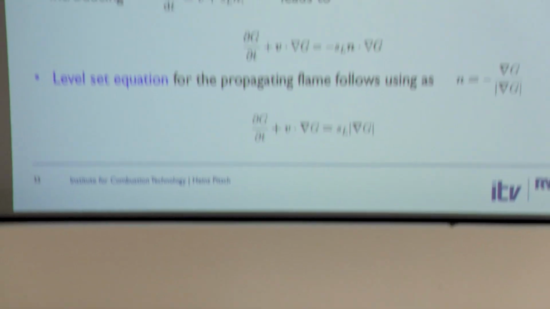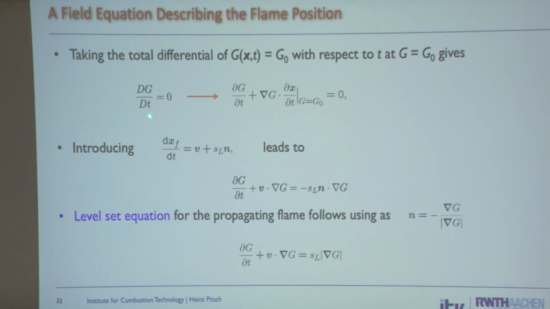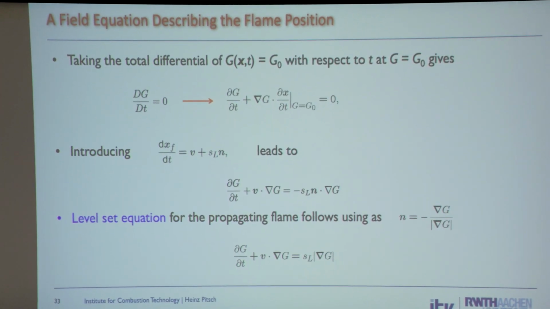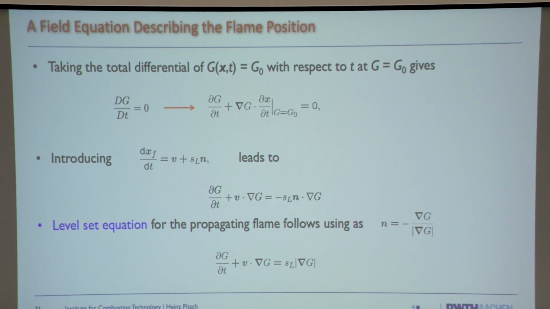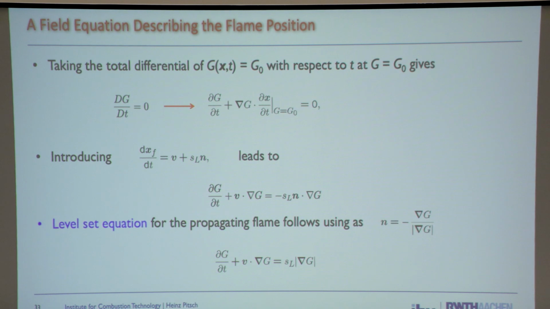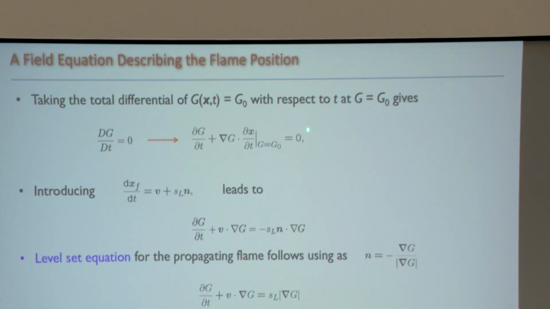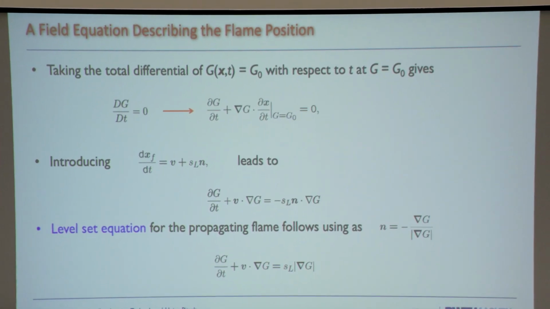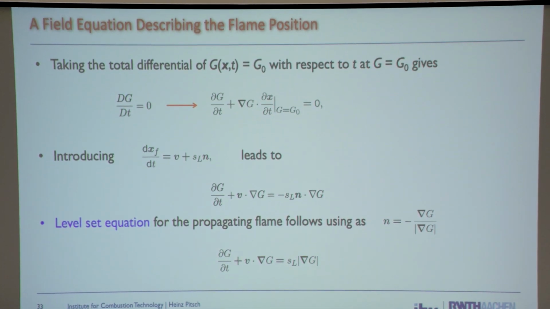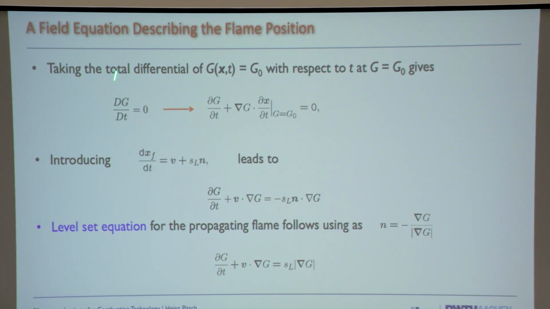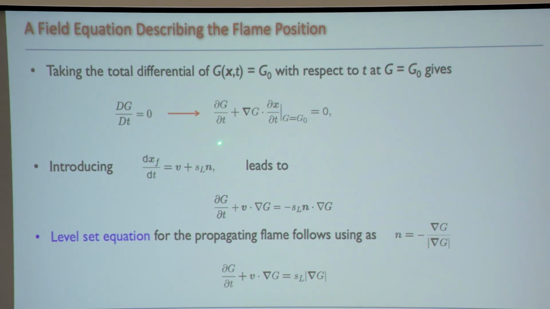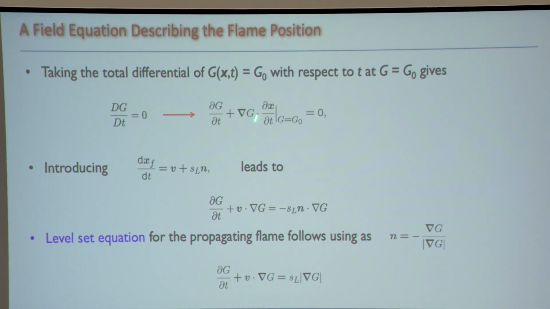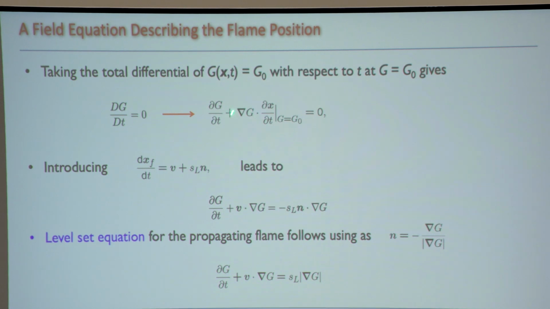That's the derivative, I mean the time rate of change, in a coordinate system that moves with the flame, okay? And if I write this now in Cartesian coordinates, in a coordinate system that is fixed in space, then dG/dt is just the partial dG/dt plus the gradient of G, dG/dx, dx/dt.